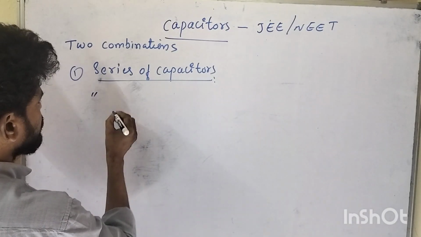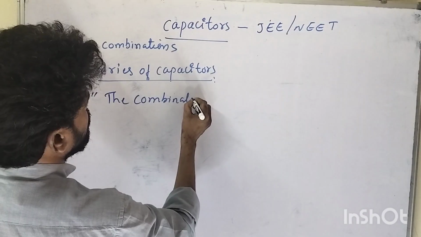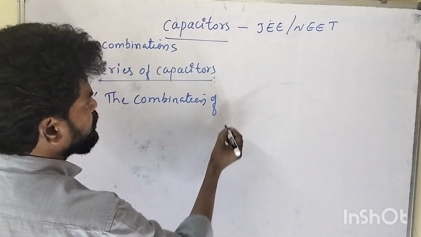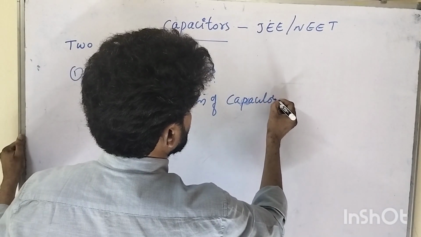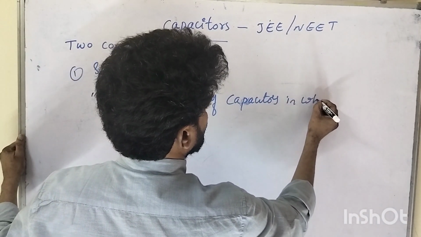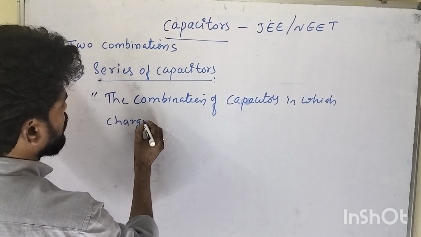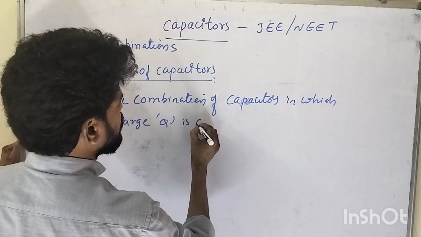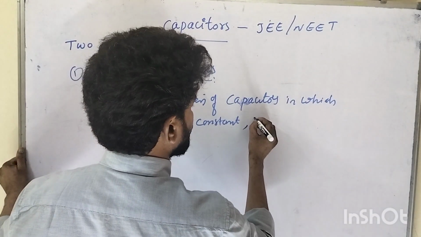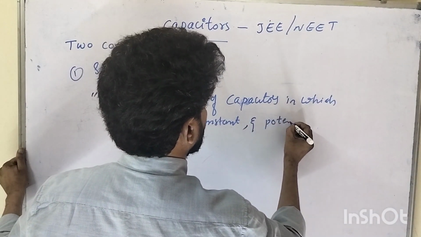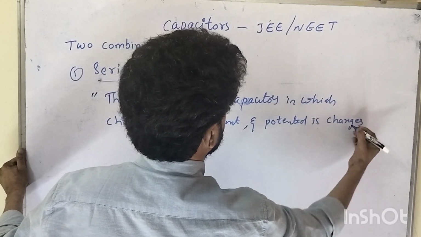So here I am taking a combination of capacitors in which Q, the charge, is constant and the potential changes.